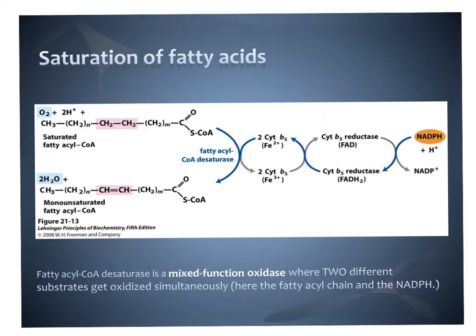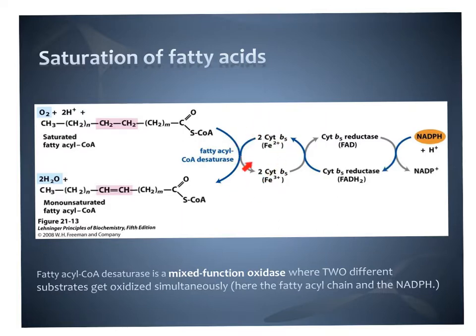Mixed function oxidases have two substrates that simultaneously get oxidized. So what does not happen, or what would be an oversimplification, is if we just showed NADPH becoming NADP and this occurring. Okay. So the way that this happens is we go from a saturated fat to a monounsaturated fat using cytochromes.